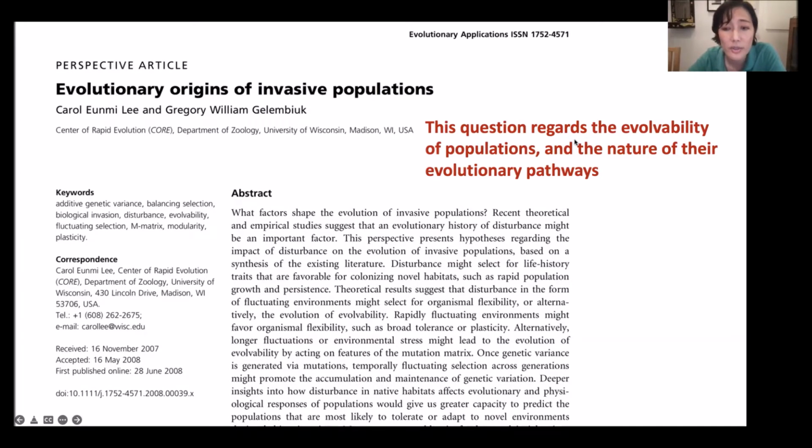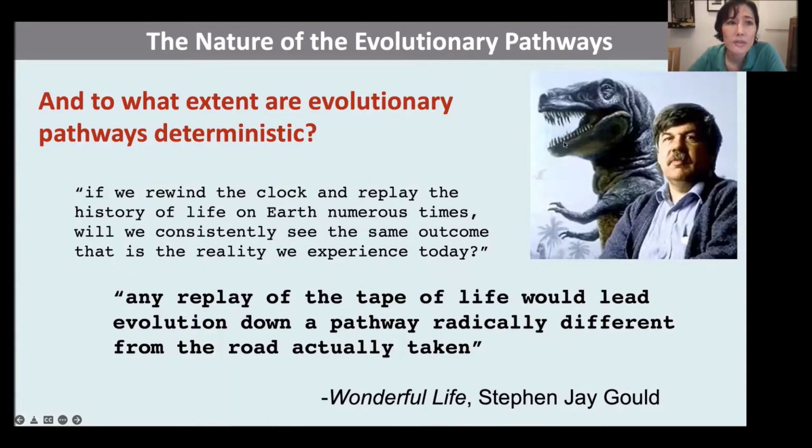In terms of the nature of evolutionary pathways, a key question that we often ask is, to what extent are evolutionary pathways deterministic? You probably well know that Stephen Jay Gould asked this question.